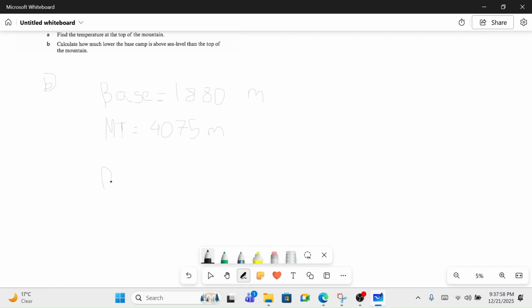So we're gonna find out distance, right? So distance equals, sorry, it doesn't look like an equals, not base, it's actually gonna be MT minus base.